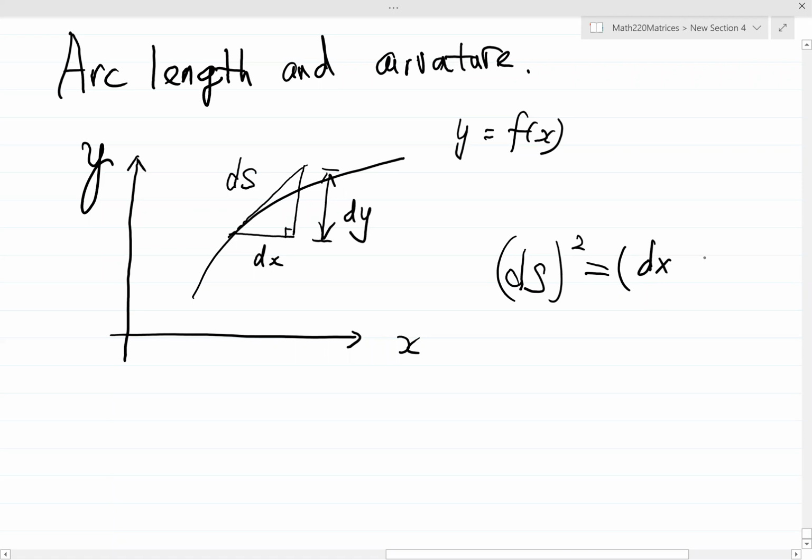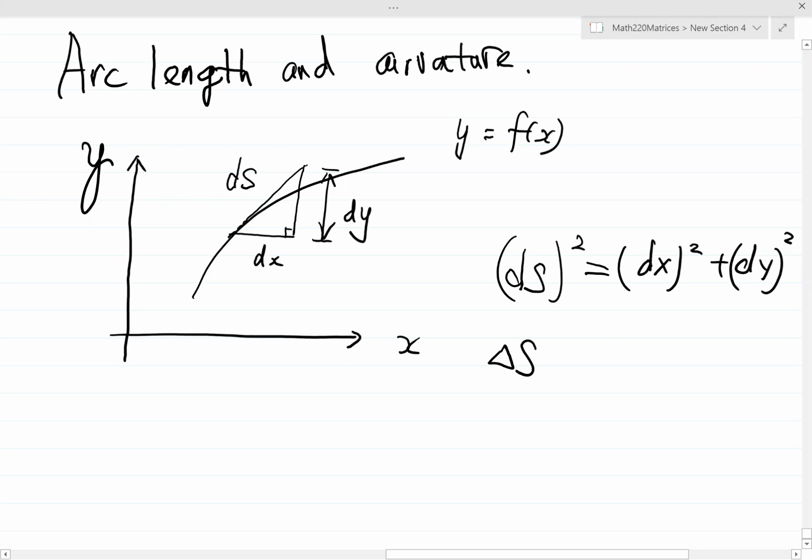This ds, computed using the tangent line, gives us the main part of the arc length. The true delta s is the true value of the curve length.